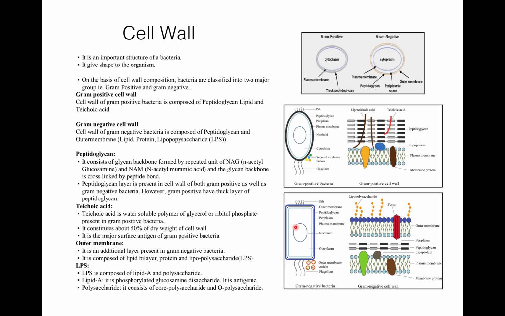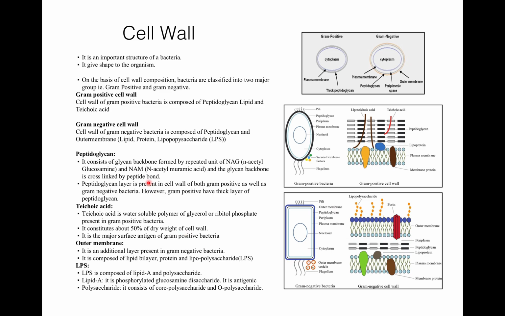Gram-positive bacteria's cell wall is composed of peptidoglycan, lipid, and teichoic acid. Gram-negative bacteria cell wall is composed of peptidoglycan and outer membrane. This is the outer membrane. It comprises lipid, protein, and LPS, that is lipopolysaccharide.